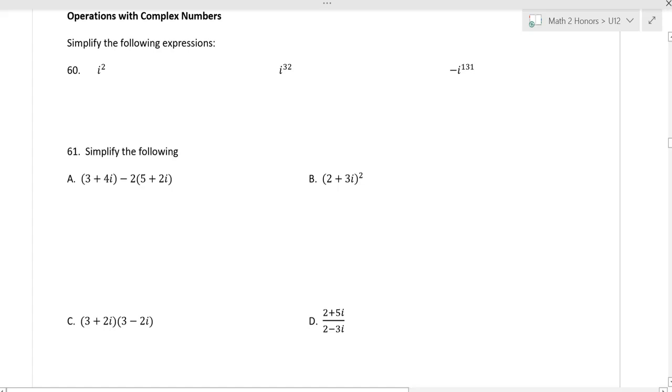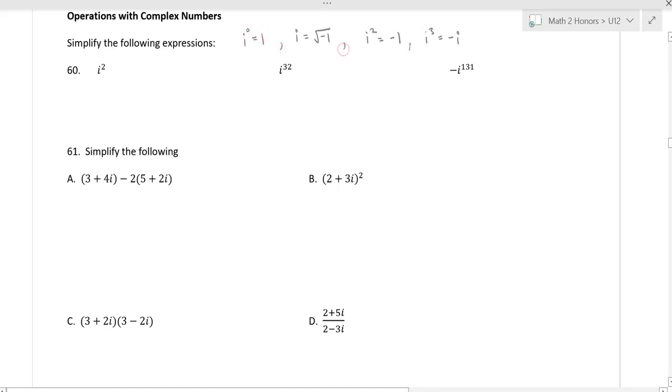I'm going to go over problems 60 to 76 on operations with complex numbers. Just as a reminder, i is defined as the square root of negative 1, which makes i squared negative 1, i to the third negative i, and i to the power of 0, anything to the power of 0, is going to be 1.